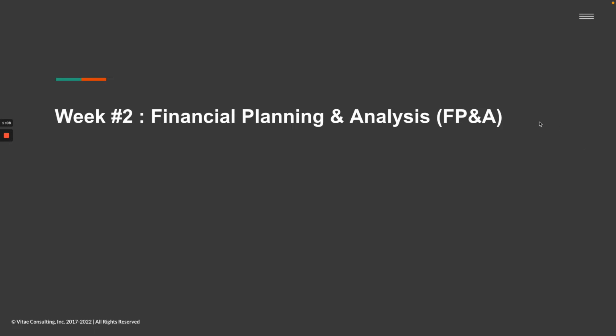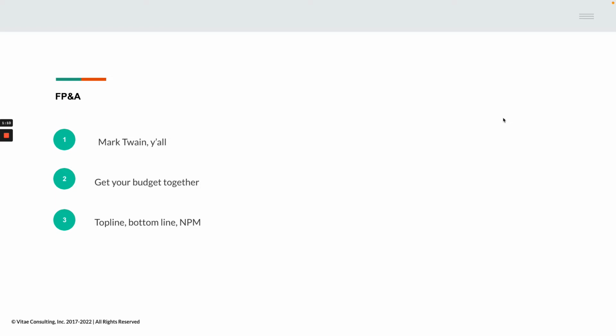So let's jump in. As we mentioned in the previous episode, financial planning and analysis really asks two questions. What are you planning for, and how are you going to measure it? If you can answer those two questions, then a lot of what you want to keep track of becomes clear, and a lot of the motivation as to why becomes clear for you as well.